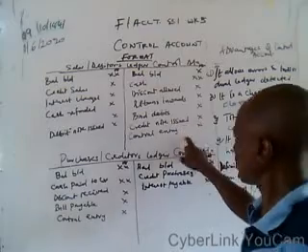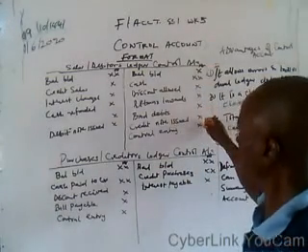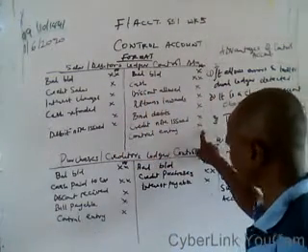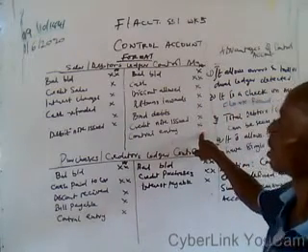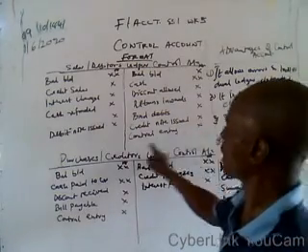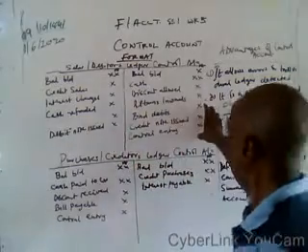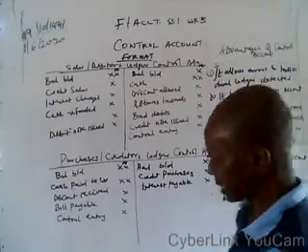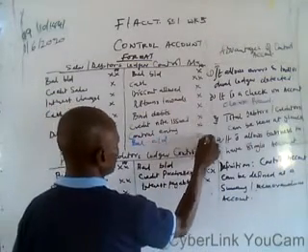But if it is self-balancing, that is, you are not given the closing balance, you total each side separately, and if the debit side is greater than the credit side, your balance carried down will come to the credit side. By the time you total the debit side against the credit side, the debit side must be greater, and therefore the balance carried down will come to this side, with the figure here.